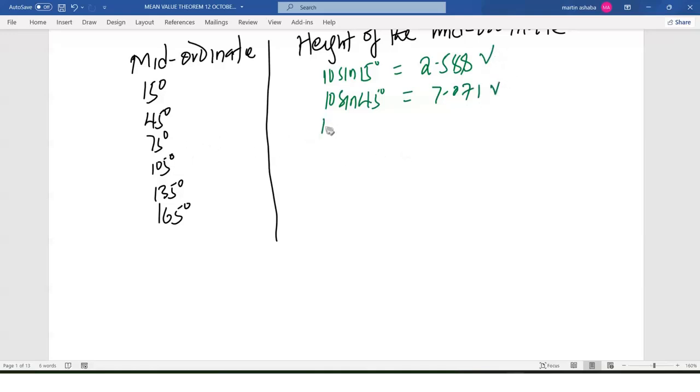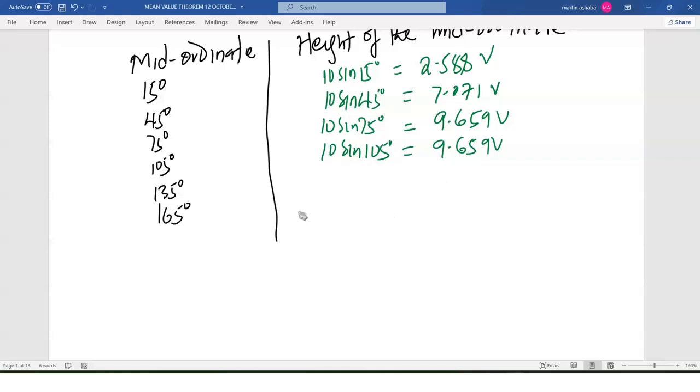Then 10 sine 75 degrees gives 9.659 volts. Again, 10 sine 105 degrees gives 9.659 volts.